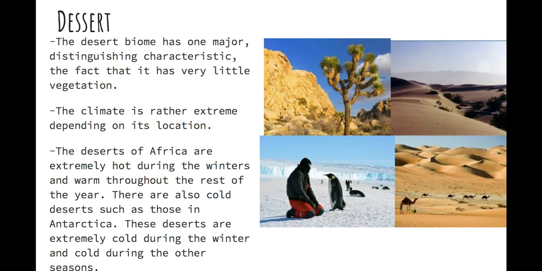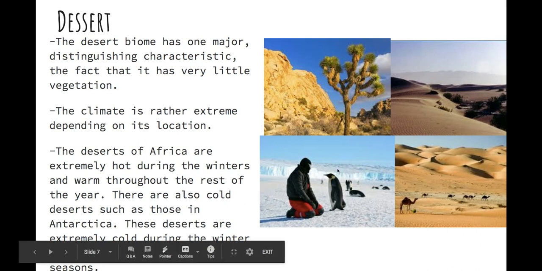Okay, now the desert biome. The desert biome has one major distinguishing characteristic, the fact that it has very little vegetation. So it means that it has very little plants and animals. If you look at these pictures, you can see some of that.